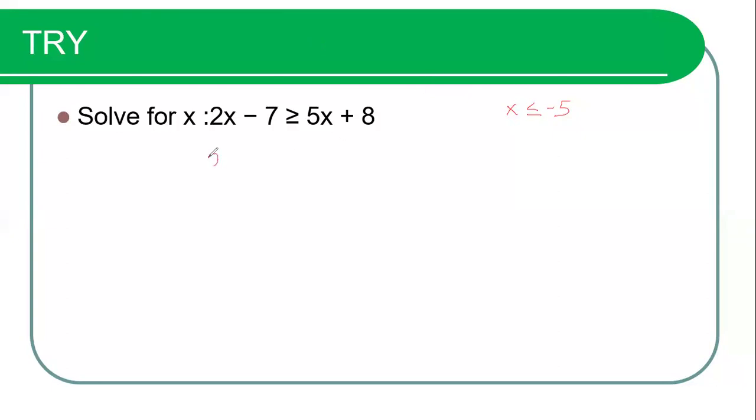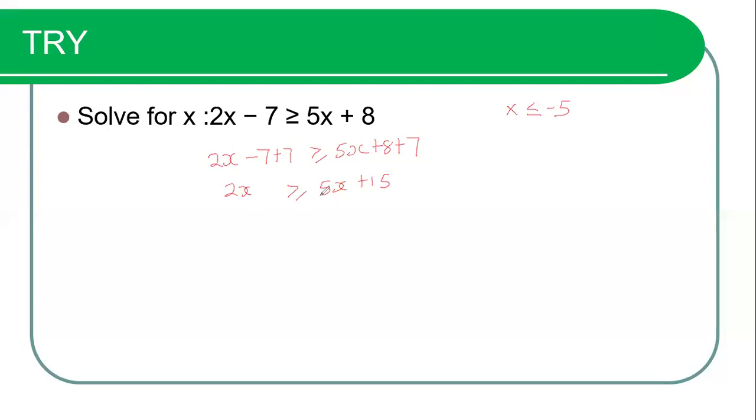So we can start by saying 2x minus 7 plus 7 is greater or equal to 5x plus 8 plus 7. Now that we have a -7 this side, when it is crossing over, it becomes a plus. So I'll have 2x is greater than 5x, then 8 plus 7, we shall end up with 15.